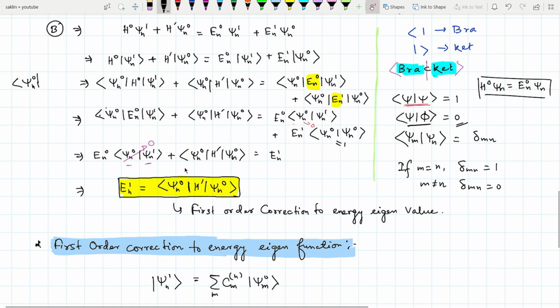From there we can say this equation: H0 psi n1 plus H' psi n0 equals En0 psi n1 plus En1 psi n0.